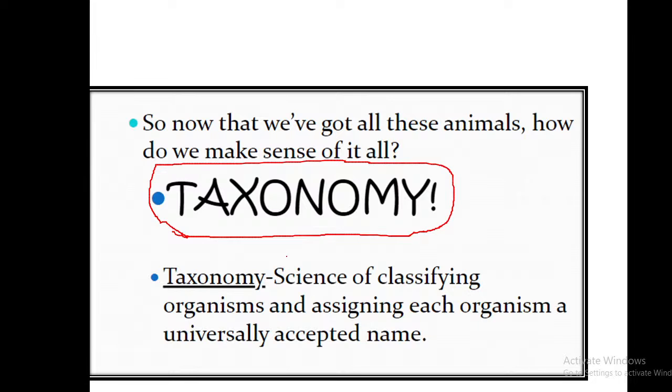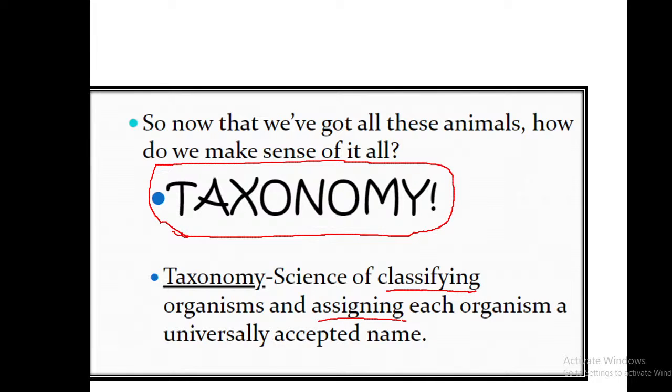Hope you remember that. Then taxonomy is the science of classifying organisms and assigning each organism a name. We classify, and we also give a name, and the name should be a universally accepted name.